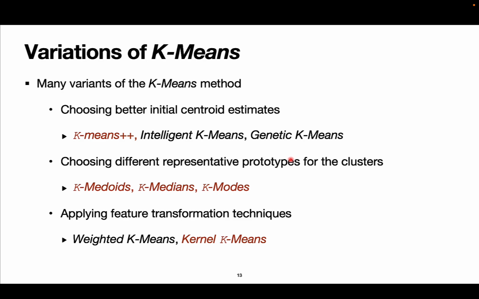Then there are methods that choose different representatives for clusters, for example, k-medoids, k-medians, and k-modes. These help handle the cases where the data are categorical or when we need more robustness against outliers. Finally, there are more general versions that apply feature transformation techniques like weighted k-means and kernel k-means. And these methods can discover clusters that are not necessarily spherical or convex in shape.